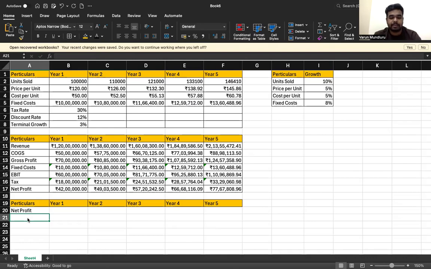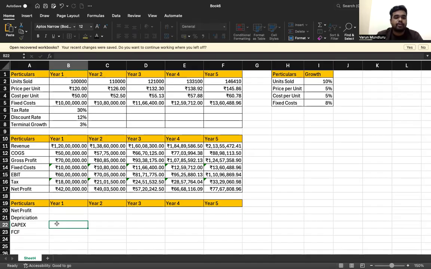We will be having depreciation and capital expenditure. And using these, we can find the free cash flows. Here, capital expenditure is basically the capital that will be injected into the firm year on year. Now let us take the net profit the same as from the previous table.